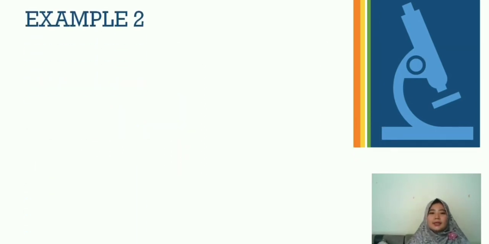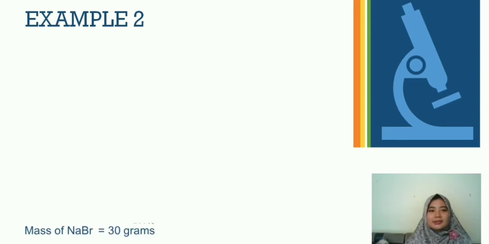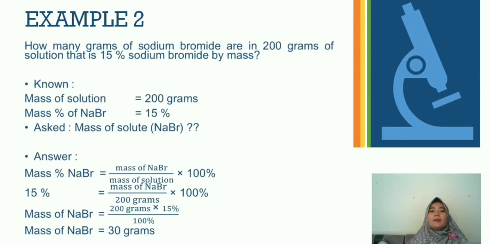For example 2 of mass percent, how many grams of sodium bromide are in 200 grams of solution that is 15% sodium bromide by mass? From the example, we know the mass of solution is 200 grams, and the mass percent of sodium bromide is 15%. So X is the mass of solute.